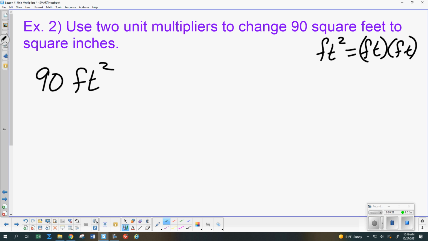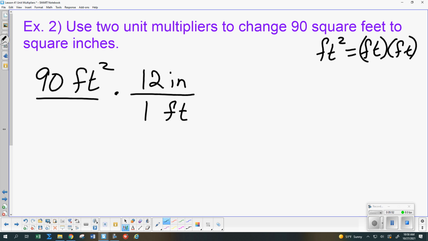We don't really write it out necessarily like that, but that's how we are going to think about it. So I want to change it to inches. So I know I'm going to need to get rid of those square feet. Well, I don't have a multiplier for square feet. I have one for regular ones. So I can say 1 foot is 12 inches.